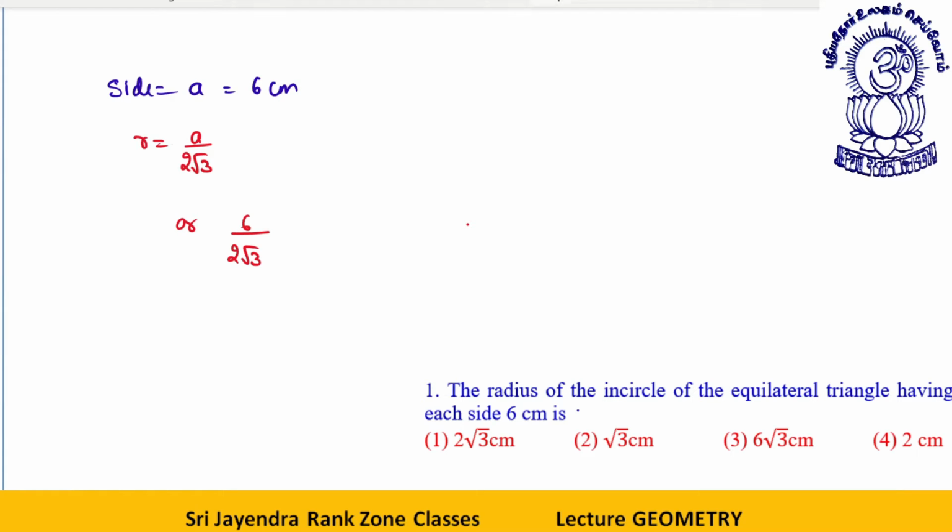You can write 6 as 2 into 3, divided by 2 into root 3. Finally, you will get root 3 as your answer. Okay, dear students, clear to all? I'm sure it must be clear to all of you. Let's take the next one.